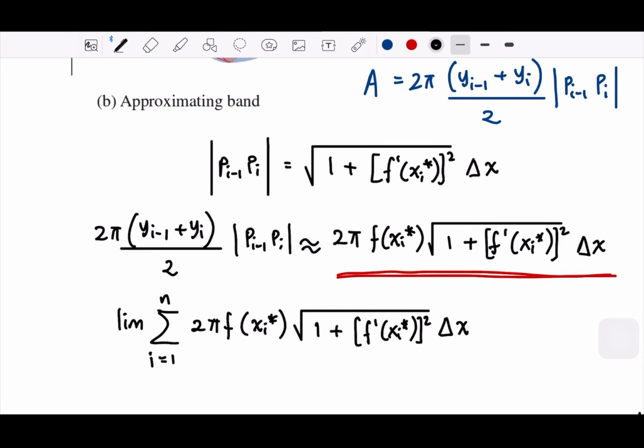As n gets larger, it means the small segments get really small and the number of them large.